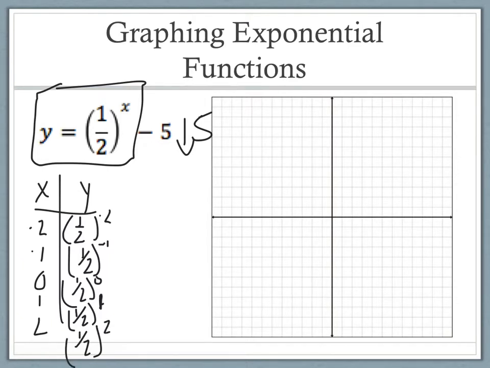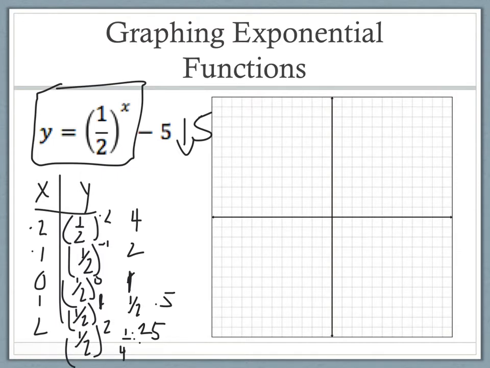You can do these right in your calculator, but 1/2 to the negative power, you flip it, so it ended up being 4. 1/2 to the negative 1 is 2. 1/2 to the 0 is 1. 1/2 to the 1 power is just 1/2, or 0.5. And then 1/2 to the second power is 0.25, or 1/4.